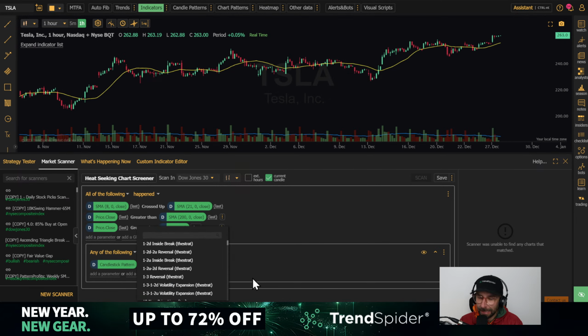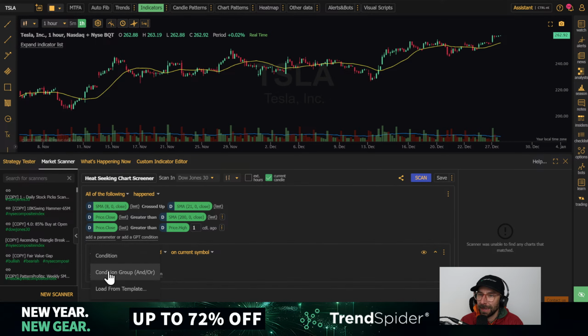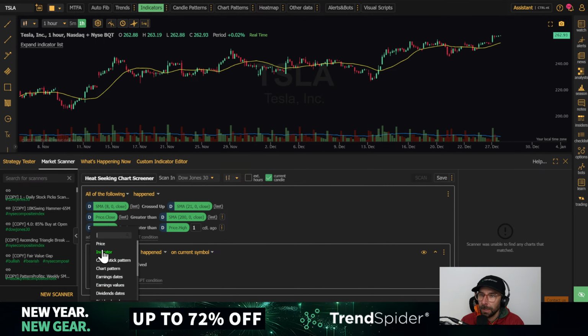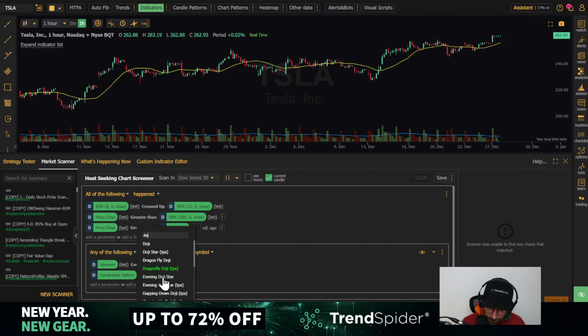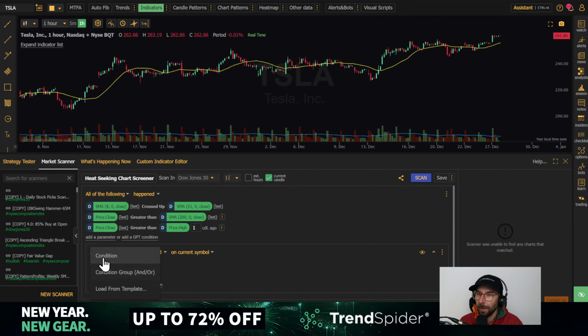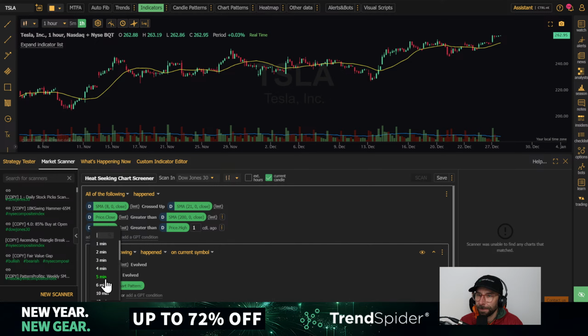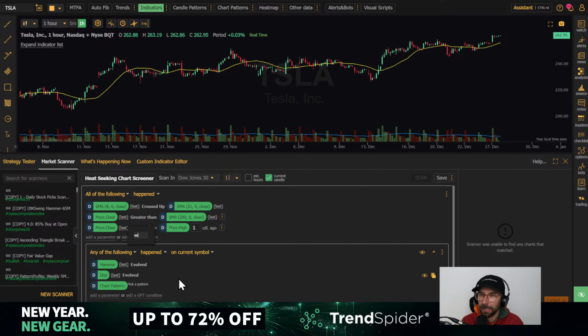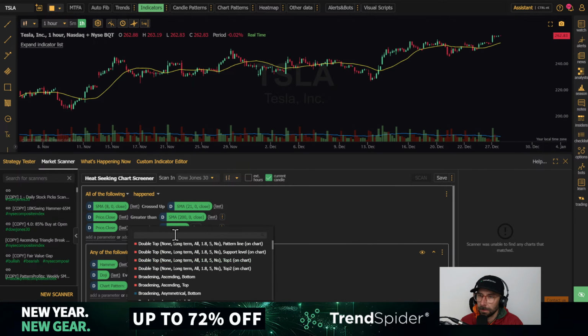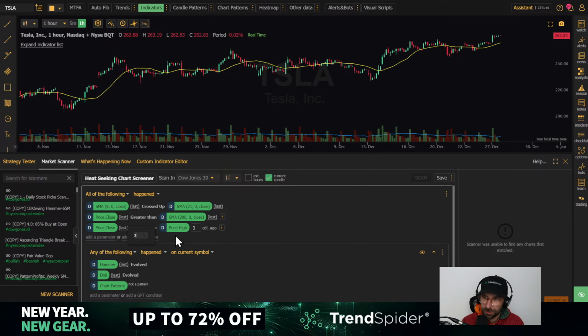So I'll say daily hammer. I'll say candlestick pattern daily doji, or a candlestick pattern daily, I don't know, engulfing. Hold on, we'll just do a 3.